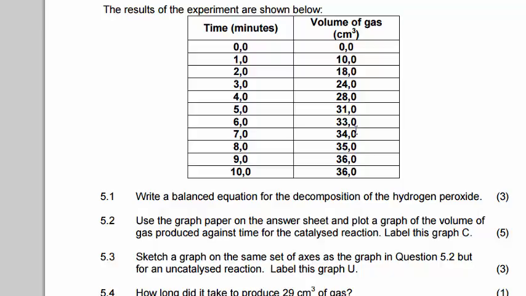So when it comes to collision theory, they want you to talk about successful collisions. And what is it that you had to recognize about the successful collisions? Every minute there are fewer successful collisions. Even though the volume of the gas is 28 in 4 minutes, it doesn't mean there were 28 successful collisions.